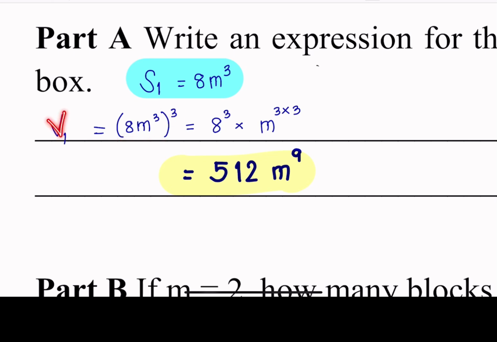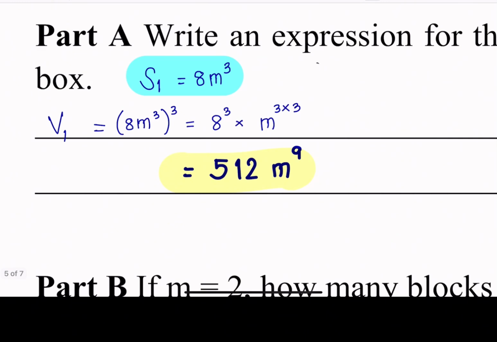So V1, since it's S1, the volume 1 here is 8m to the power of 3, to the power of 3 again. So meaning you have to distribute this, right? 8 to the power of 3 times m to the power of 3 times 3.